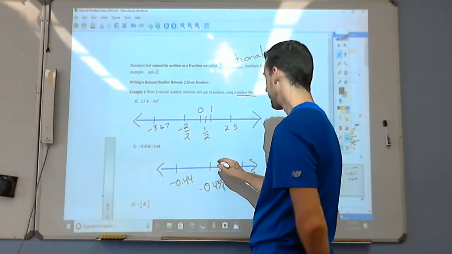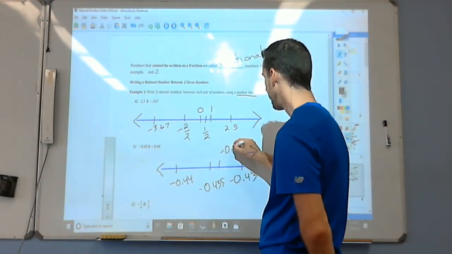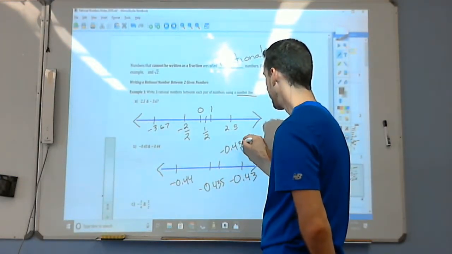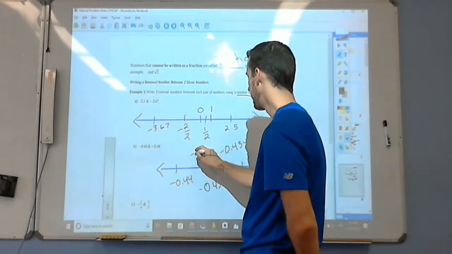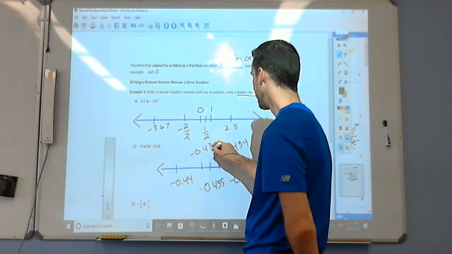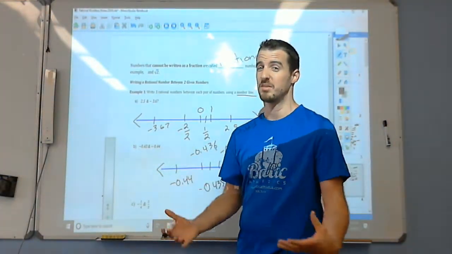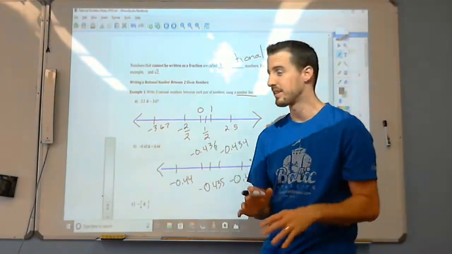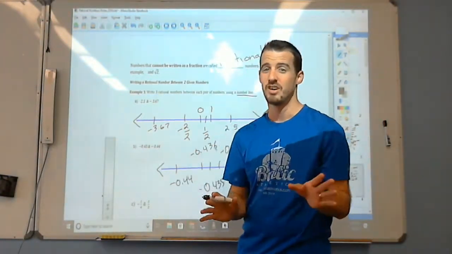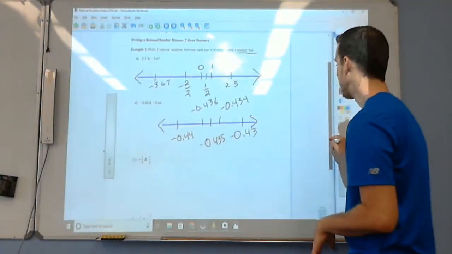And again, we could just go slightly smaller, so negative 0.434 if we wanted to be closer that way, or negative 0.436 if we're getting bigger. It doesn't need to be fancy, guys, it just needs to be right. So if you just want to add a decimal and make it work like that, unless I give you some instructions not to do that, that's going to be your best bet. That's how I would do it myself, okay?